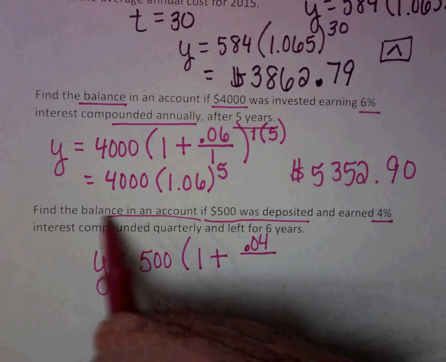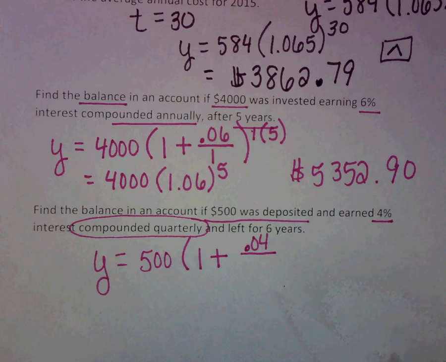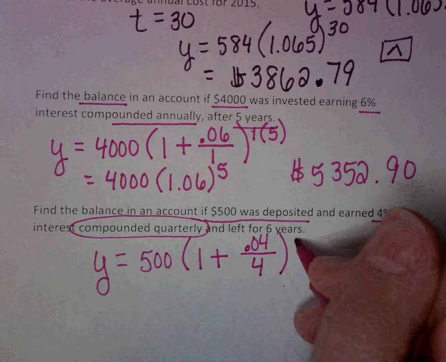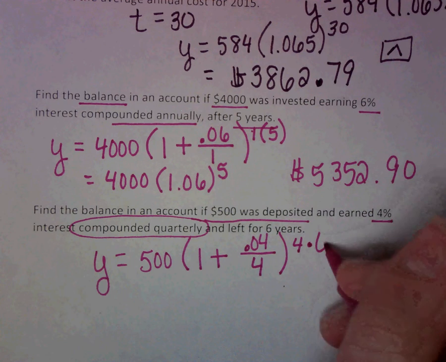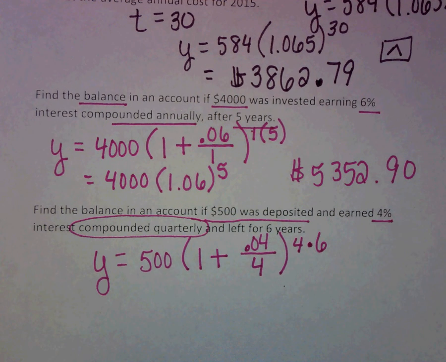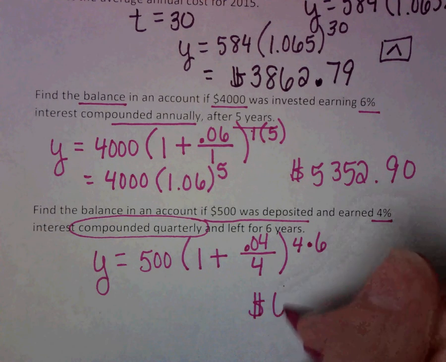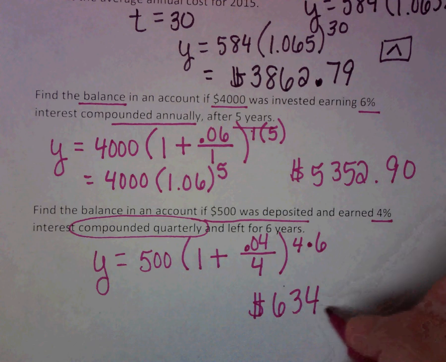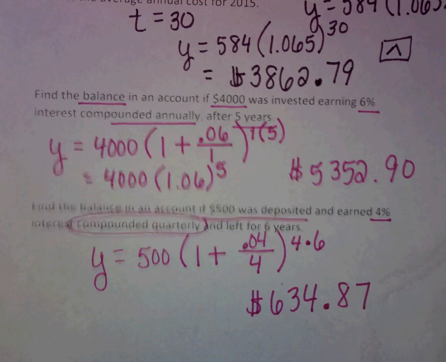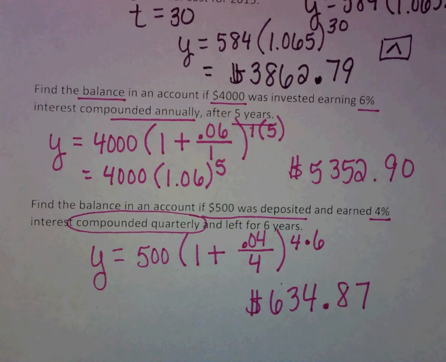Now this time it's compounded quarterly, so we're going to divide by 4, to the 4 times 6. So this is what it would look like. Again, we're finding the balance. When you type this in and calculate it, you should get $634.87.